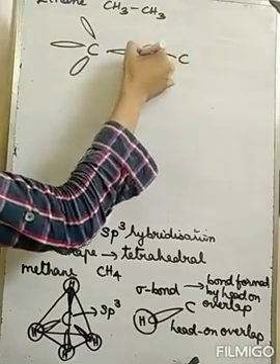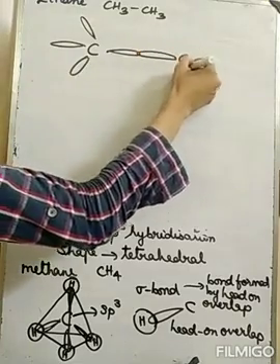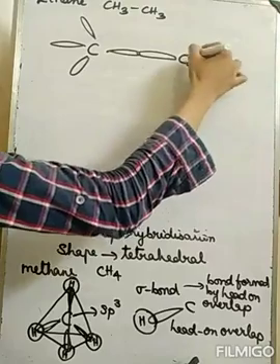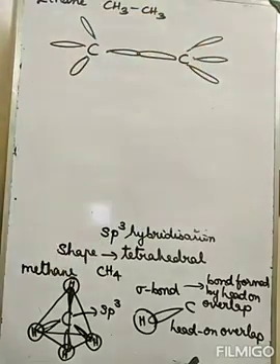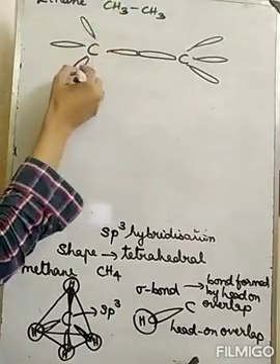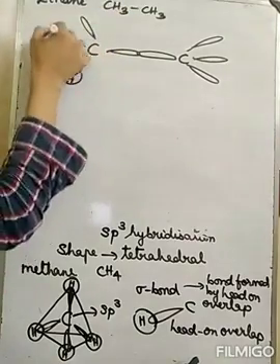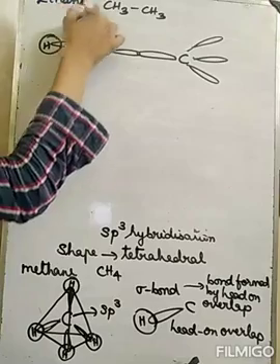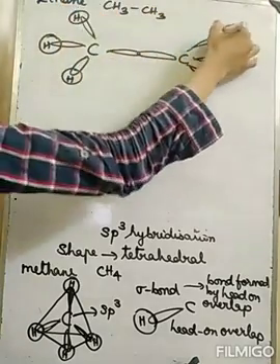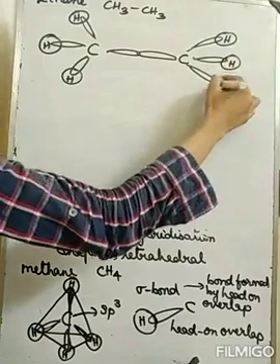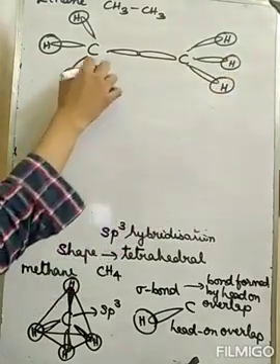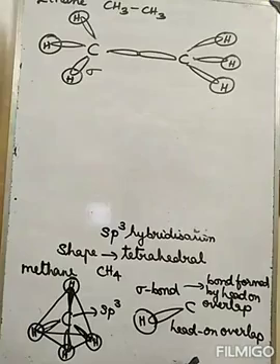And this carbon also will have 1 orbital, 2nd orbital, 3rd orbital and 4th orbital, like this. Okay, so H3 means each hydrogen will form one bond here, and this carbon also has H3. Okay, so this is head-on overlap, so this is a sigma bond.